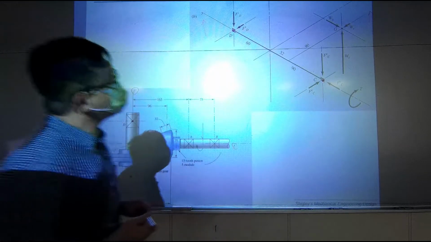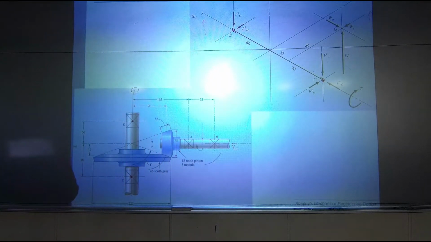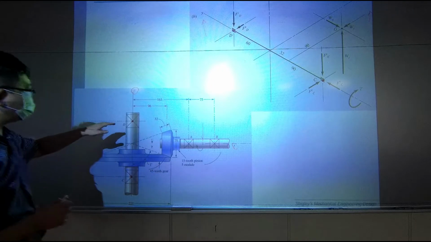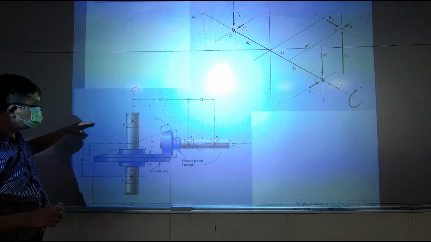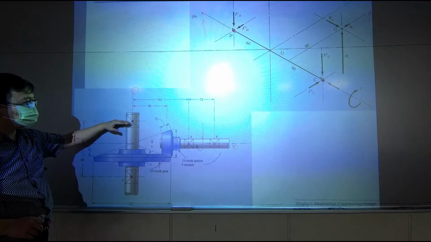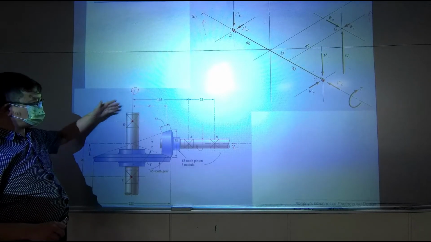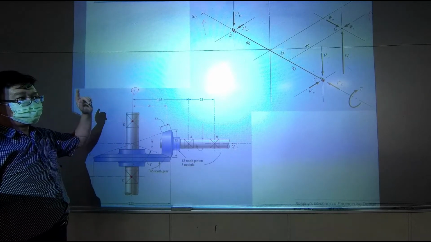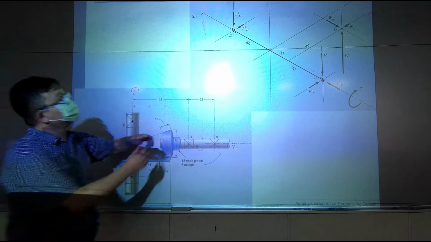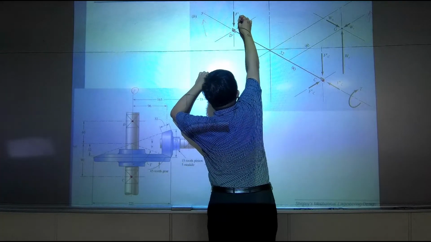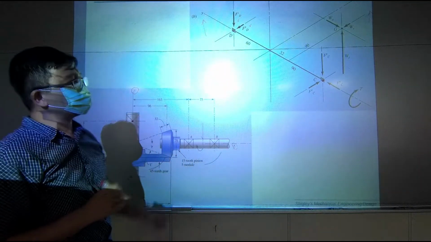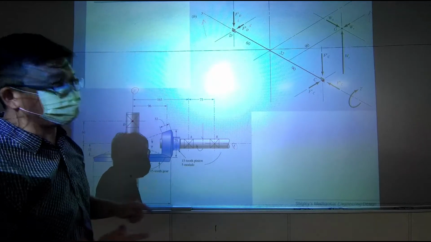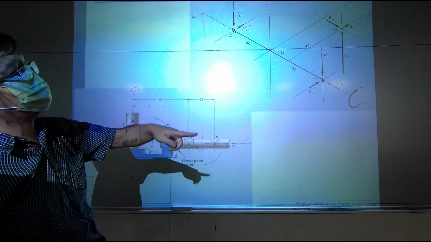So those two are the locations for the bearings. And as I mentioned, only the reaction forces perpendicular to the arc of the cylinder, to the cylinder, will be seen in D. So these two are the reaction forces perpendicular to the cylinder.